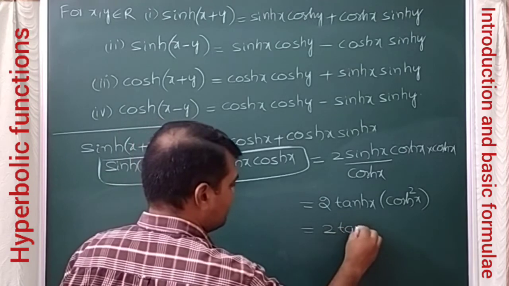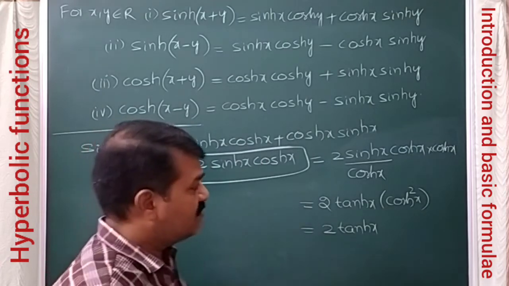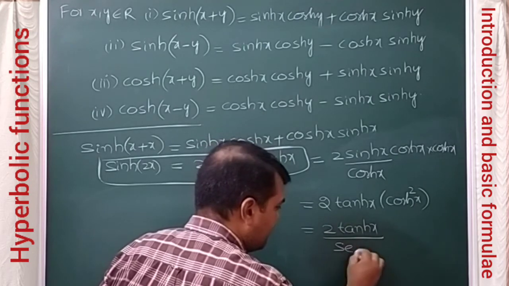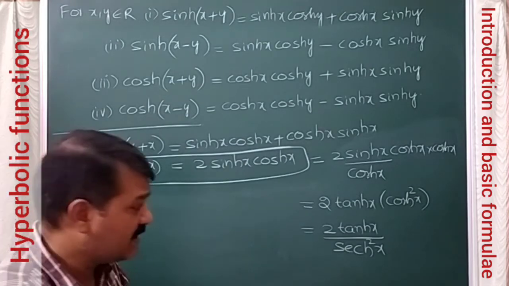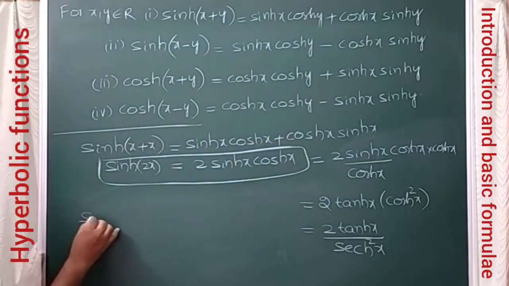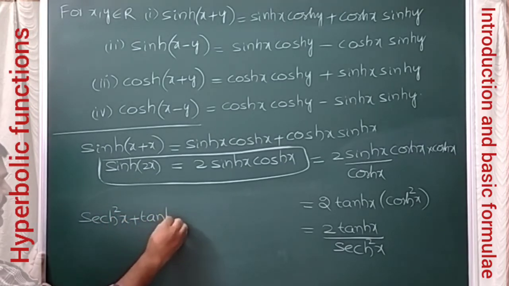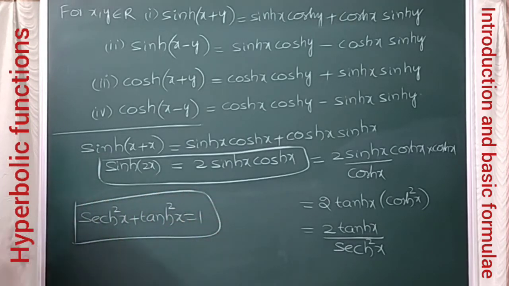Next, 2 tanh x. Cosh square x can be written as 1 by sech square x. And using the identity, we know that, what is the identity? In hyperbolic functions, sech square x plus tanh square x is equal to 1. Using this identity, sech square x becomes 1 minus tanh square x.